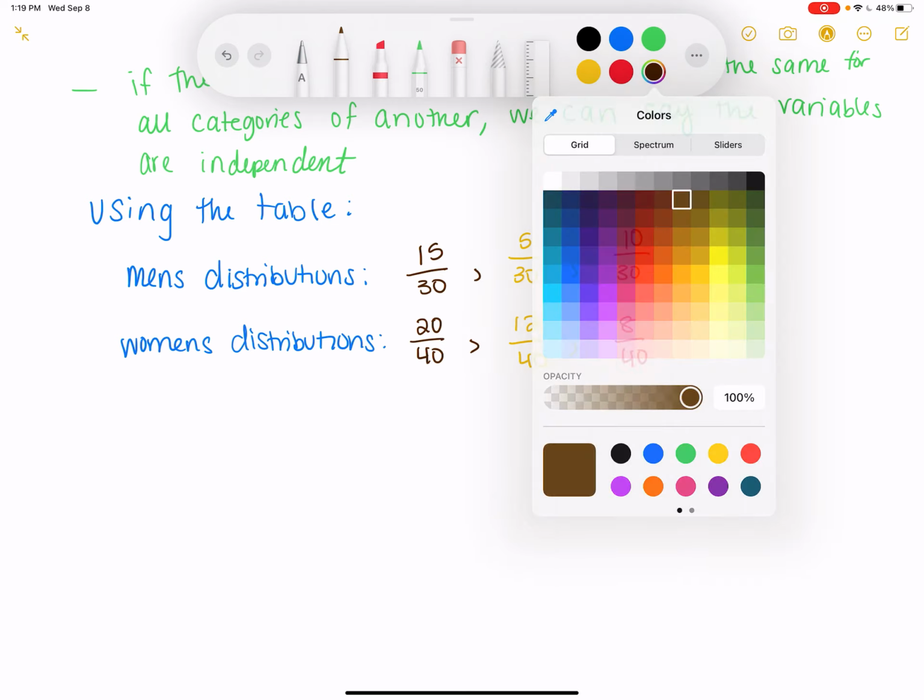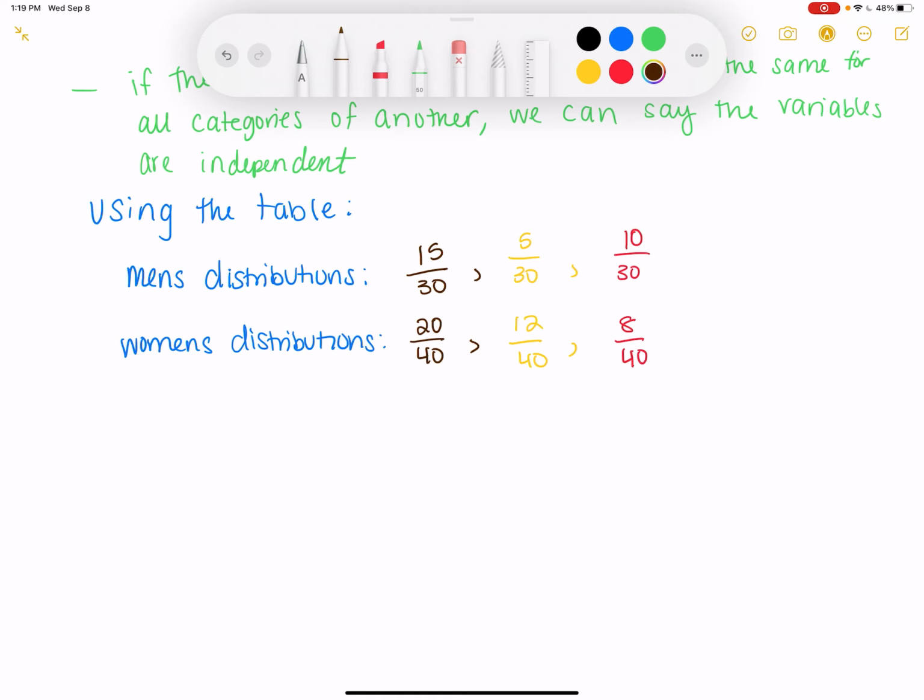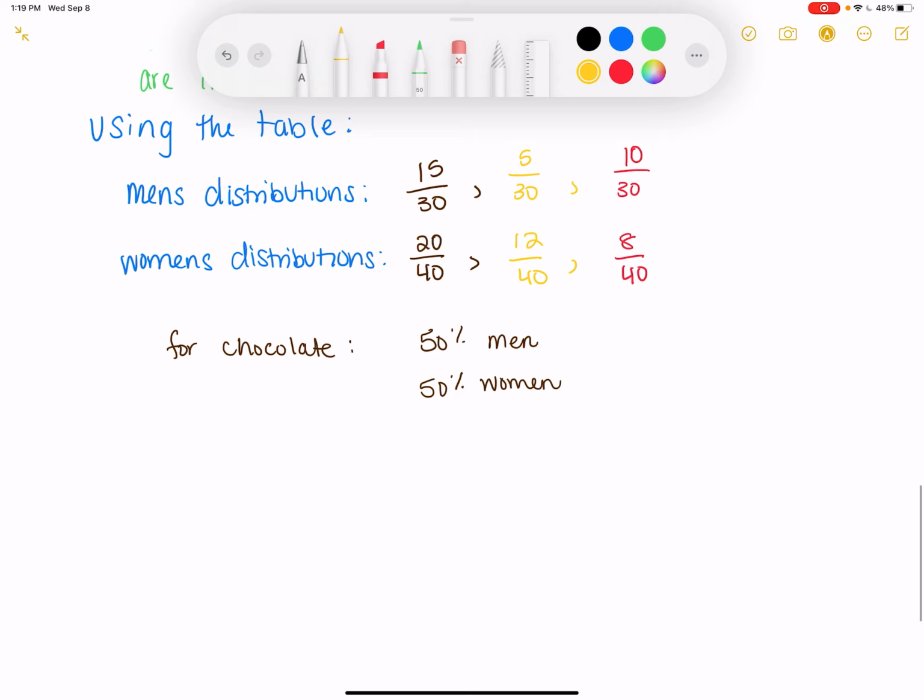So we're going to evaluate each flavor in comparison to each gender. For chocolate, 50% of men chose chocolate, as well as 50% of women. For these percentages, obviously I would type them into the calculator, I just already have them done out.